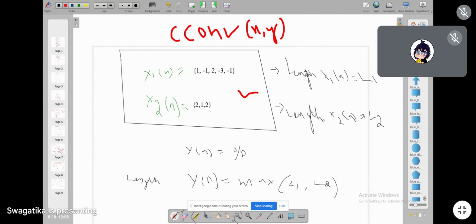Okay, I hope you have taken this question. 1 minus 1, 2 minus 3 minus 1, 2 1 2. This is one question, and another question you can write. Another question, write 1 2 3 1. This is x1.